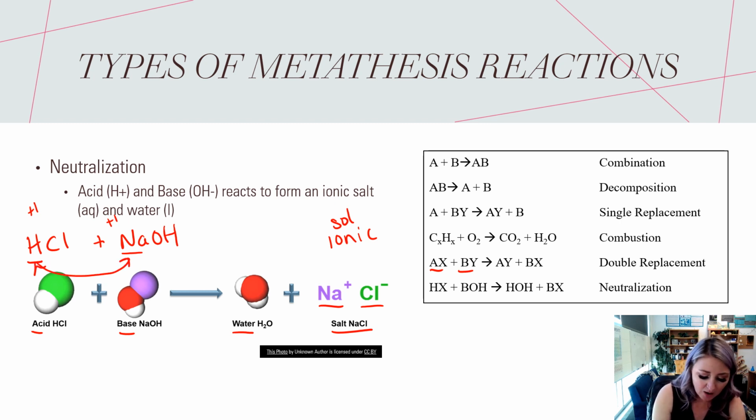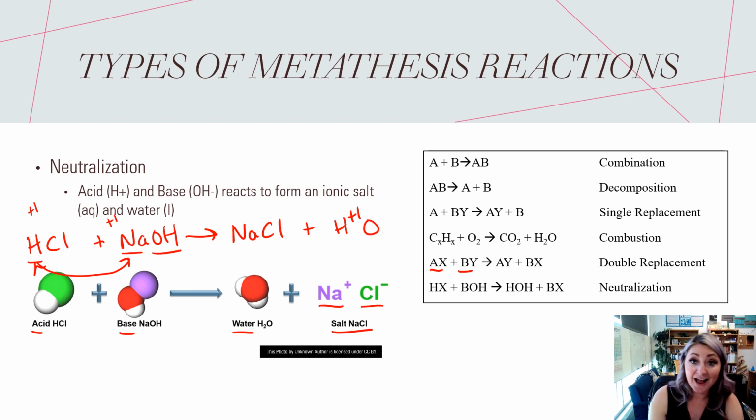Okay, so now my sodium with a +1 charge is now with chlorine with a -1 charge. Those charges are opposite but equal, so I don't need any subscript. So NaCl is my salt. Hydrogen with a +1 charge is now with a hydroxide with a -1 charge. These are opposite but equal, so I don't need them.